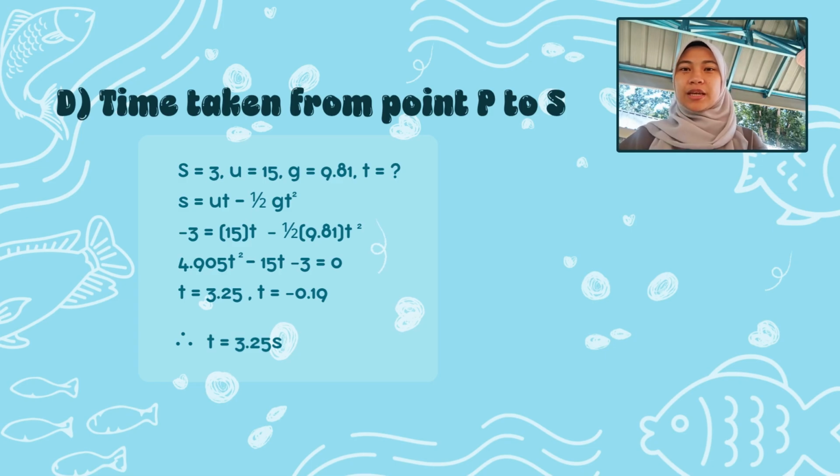For question D, the question asks us to calculate the time taken from point P to S. For this question, we will be using the same formula, which is S equal to UT minus 1 over 2 GT power of 2. Then, we add the values that we have into the formula, where S equal to negative 3, U equal to 15, and G equal to 9.81. So, it will be negative 3 equal to 15t minus 1 over 2 times 9.81 times t power of 2.